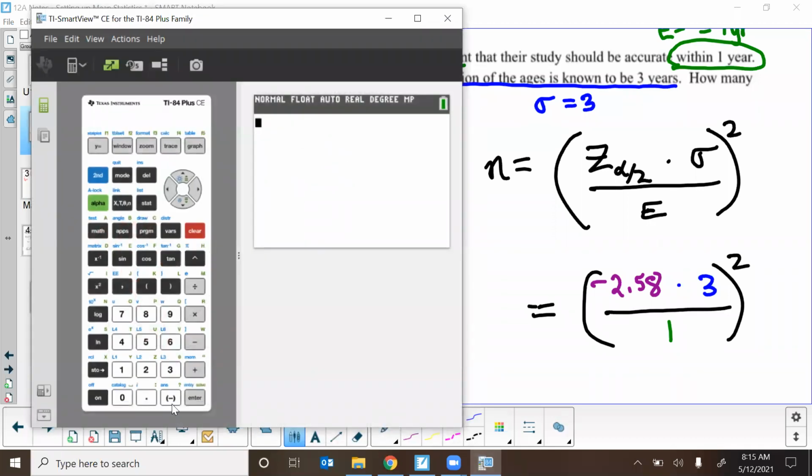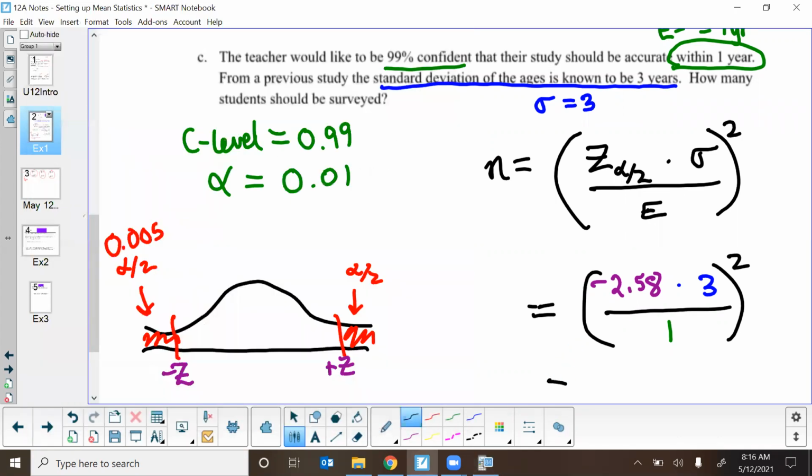And I will put this in negative 2.58 times 3. Dividing by 1 doesn't do anything, but I'm going to put it in. All right, and then squared. And I squared it on purpose after I hit enter so that I don't make a mistake with negatives. So I get 59.9076.